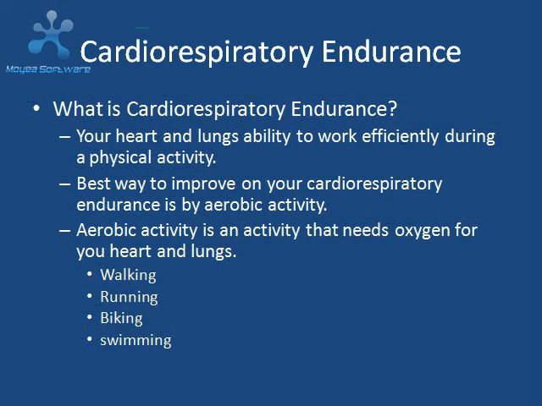Some of you may not know what aerobic means, but basically aerobic activity is how our body needs oxygen for our heart and lungs to work. An aerobic activity can be anything from walking, running, biking, swimming, anything that gets your heart pumping. Any of those can be used as an aerobic activity, and really, there's none of them that are better than the other. It's just what's best for you.